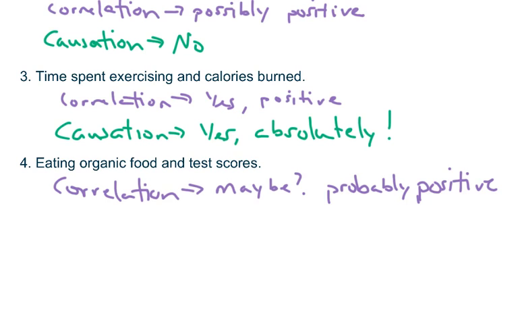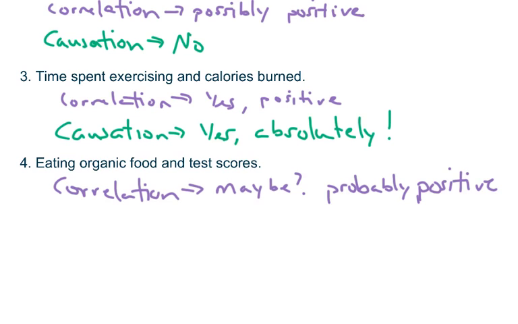Maybe the morning of a test you eat a really good breakfast. Maybe it's not organic, but you eat a really good breakfast, a hearty breakfast or a healthy breakfast that isn't organic, and your test score goes up. Maybe it's just because you're full of energy and you're ready to go, or you studied the night before. I just don't know how we could say there's correlation.